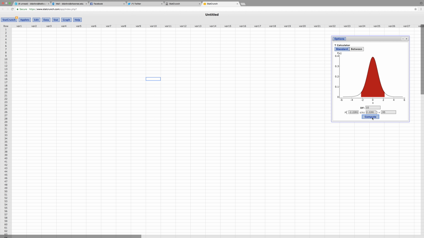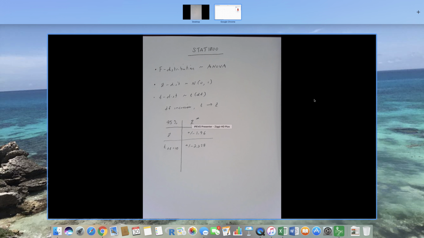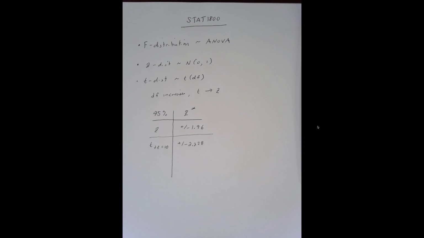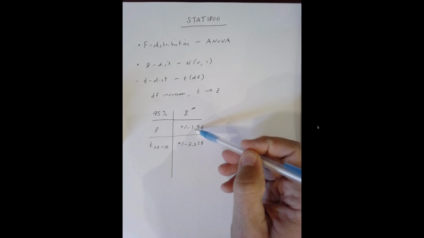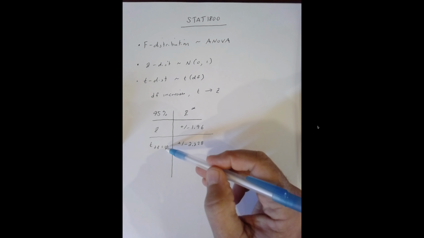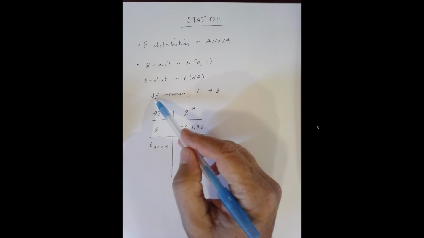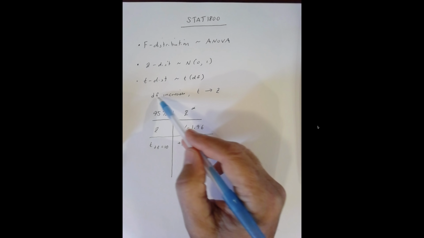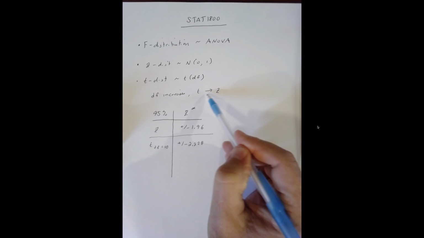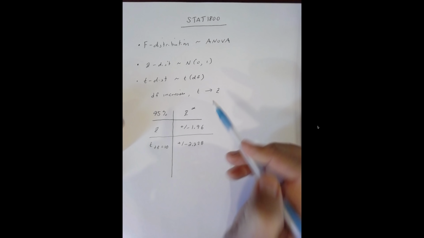Now, here's what I'm going to do. I want to illustrate how this number becomes closer and closer to 1.96 as our sample size gets larger. So if our degrees of freedom, which is clearly a function of the sample size, increases, then our T distribution essentially becomes the Z distribution.